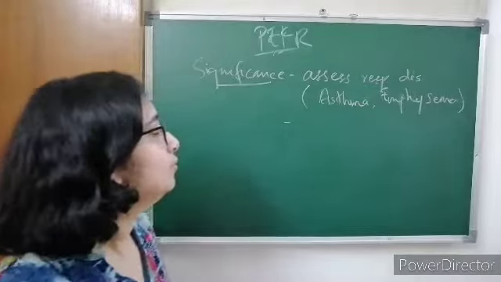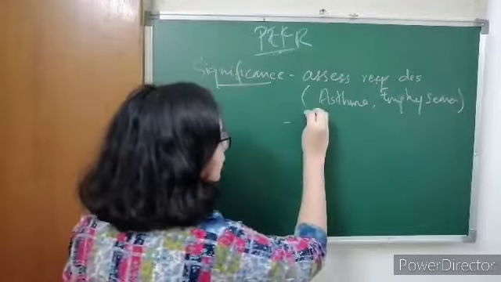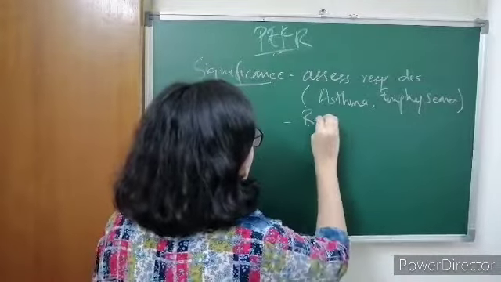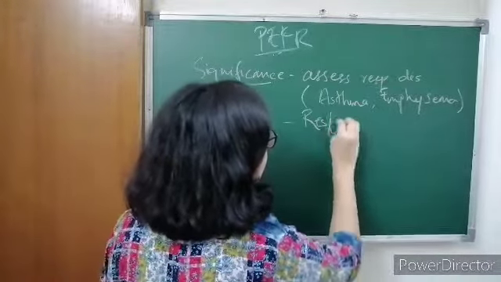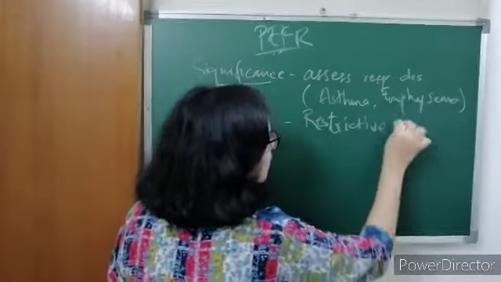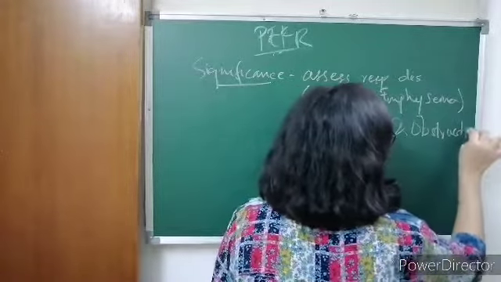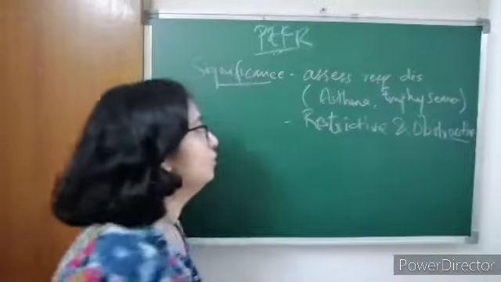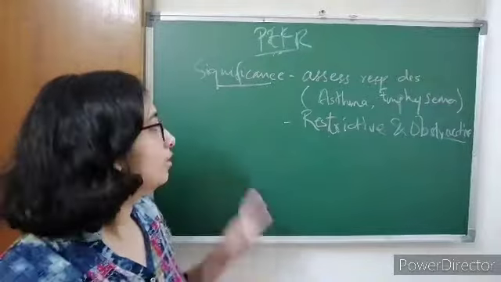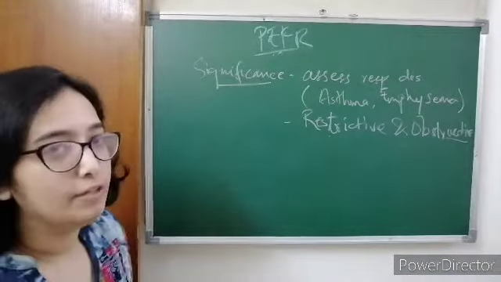Next is to measure the different types of diseases. We classify the respiratory diseases into two types, that is restrictive and obstructive. So PEFR is usually used to differentiate between the restrictive and obstructive kind of diseases.